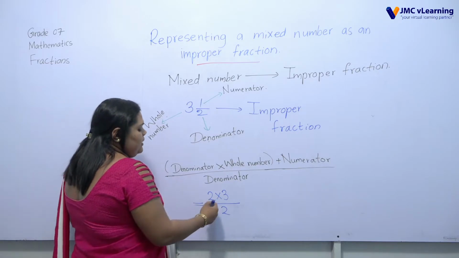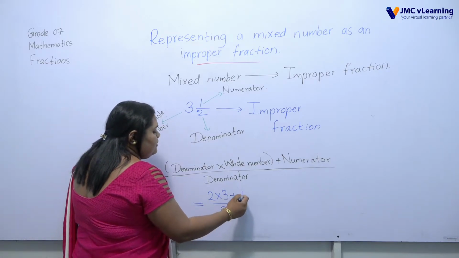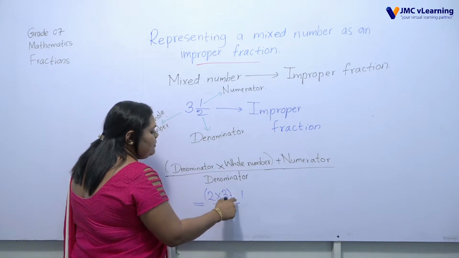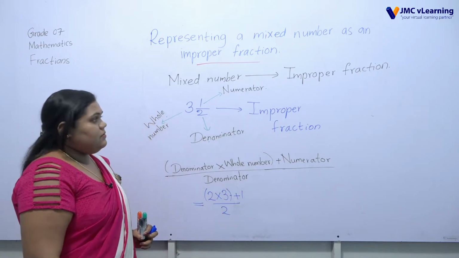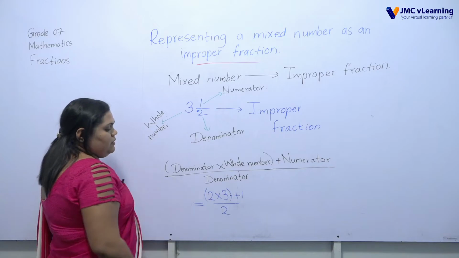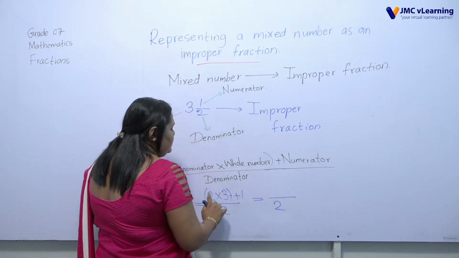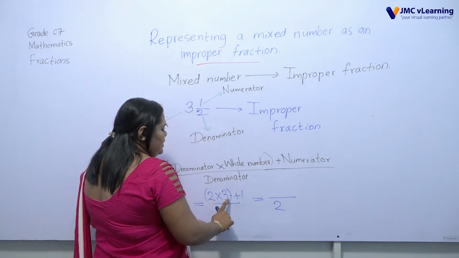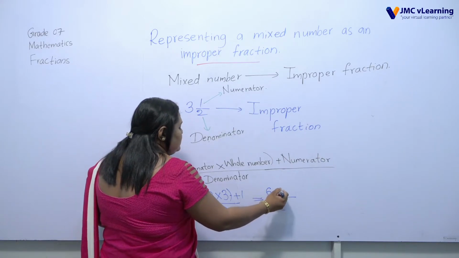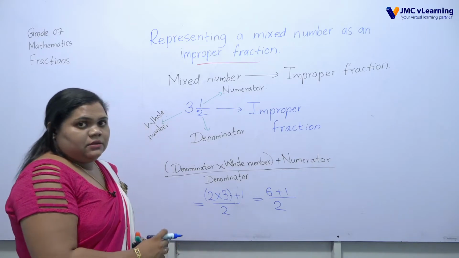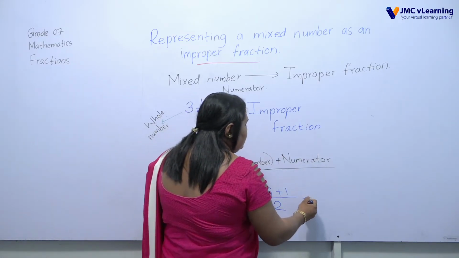After that you get the answer 6. For that answer you have to add the numerator. What is the value of the numerator? 1. So you do like this: the denominator is 2, 2 times 3, 6. 6 plus 1. What is the answer? 6 plus 1, 7.